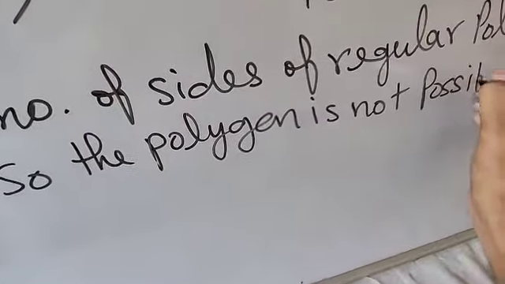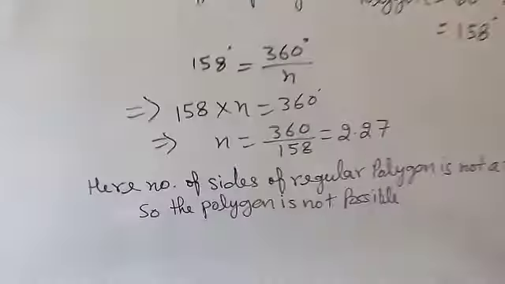Again, if each interior angle is 22 degrees, then that polygon is not possible. So that is the solution of question number 5.